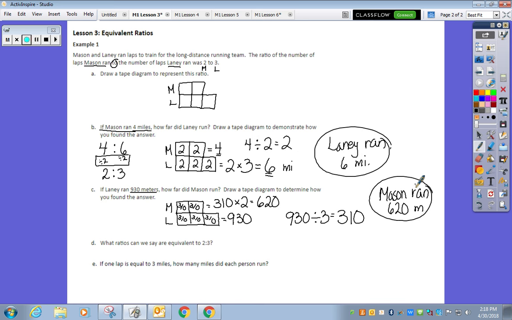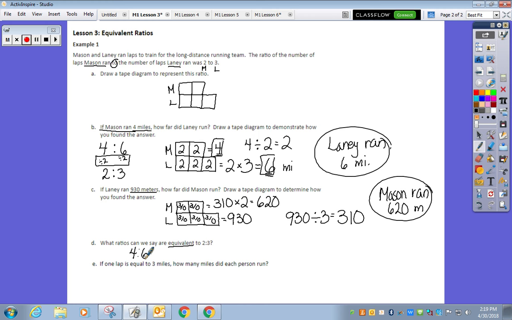Okay, so the next one says, what ratios can we say are equivalent or equal to 2 to 3? Well, we already talked about equivalence back in part B. We said that this tape diagram shows us that 2 to 3 ratio because of the number of boxes, but it also shows us a 4 to 6 ratio. So 4 to 6 was equivalent to 2 to 3.